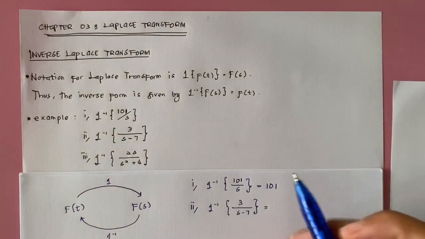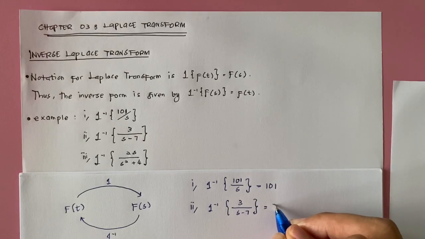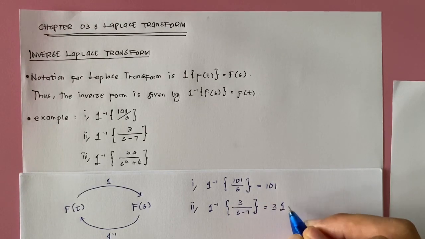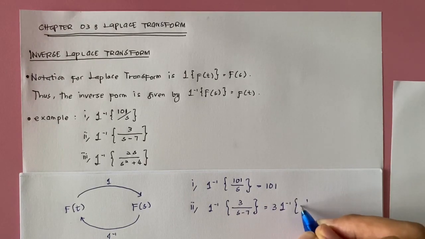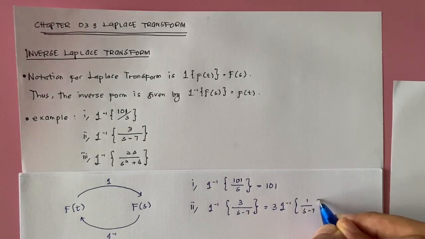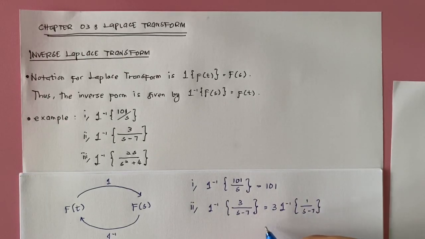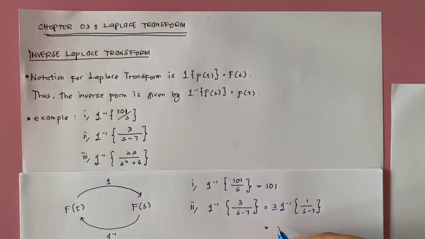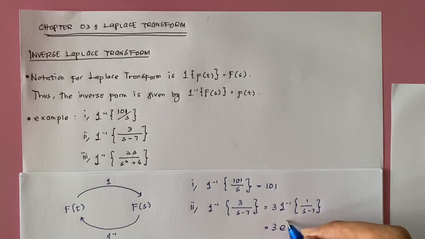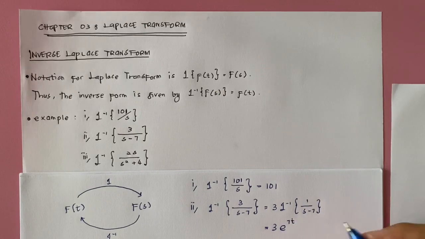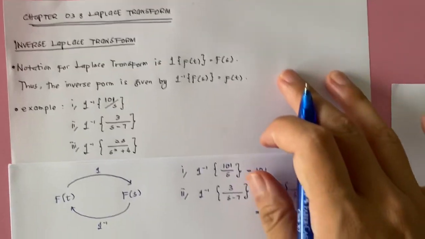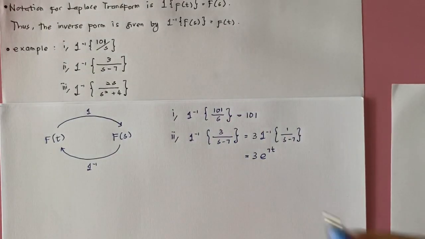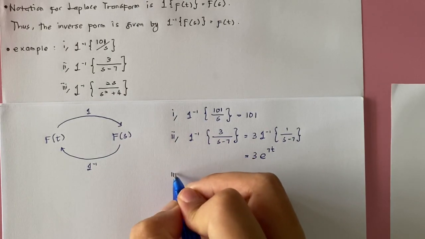So you have 3 times inverse Laplace of 1 over s minus 7. So the f(t), the inverse Laplace for this F(s), is 3 e to the power of 7t.